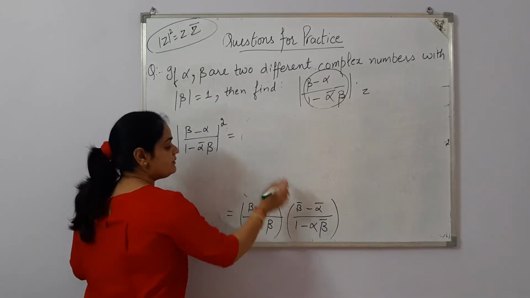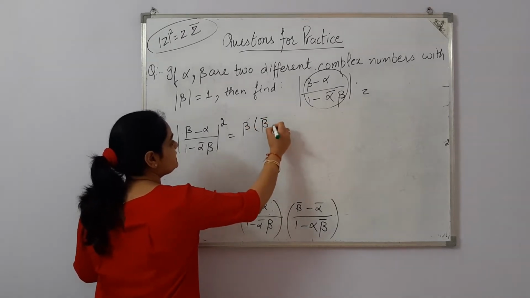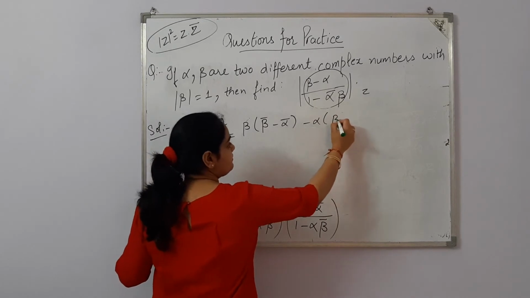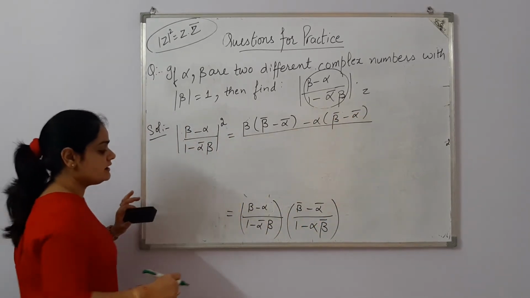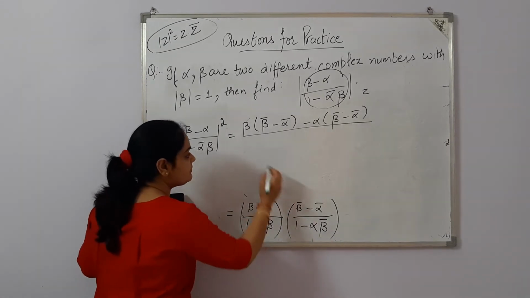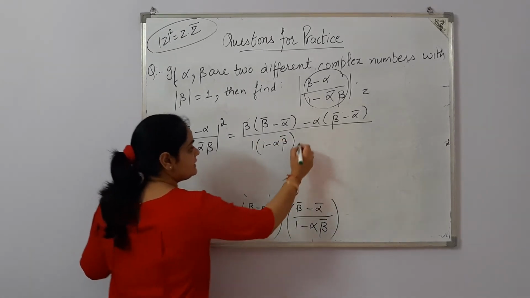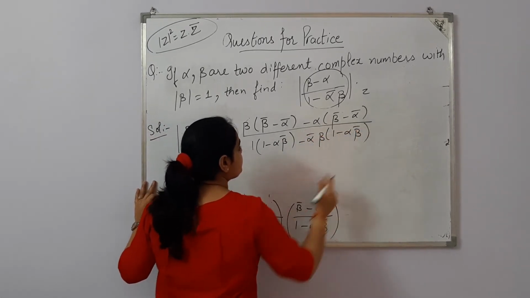First of all, beta will multiply with this bracket: beta multiplied by beta conjugate minus alpha conjugate. Then minus alpha will multiply beta conjugate minus alpha conjugate. Same in the case of the denominator. 1 will multiply with another bracket. Here minus alpha conjugate beta will multiply 1 minus alpha beta conjugate.